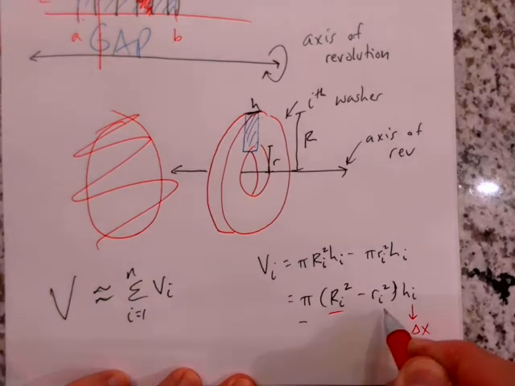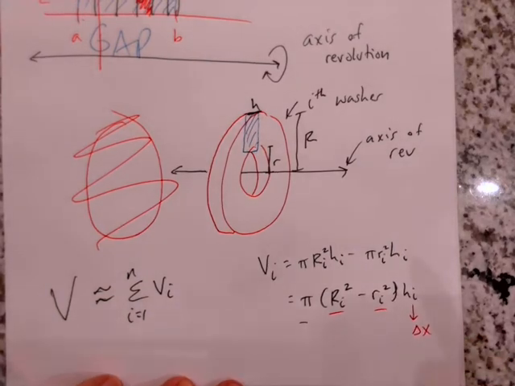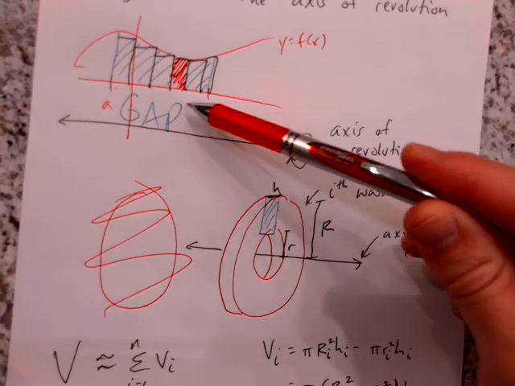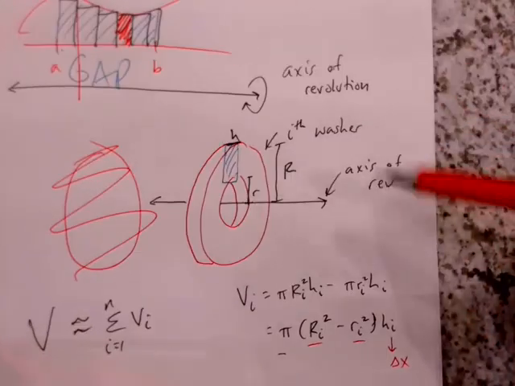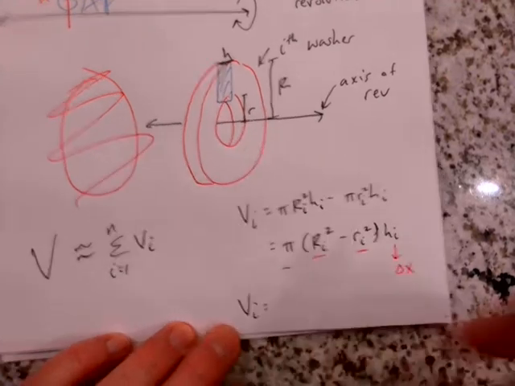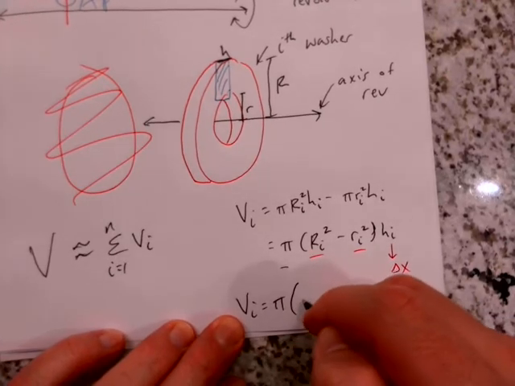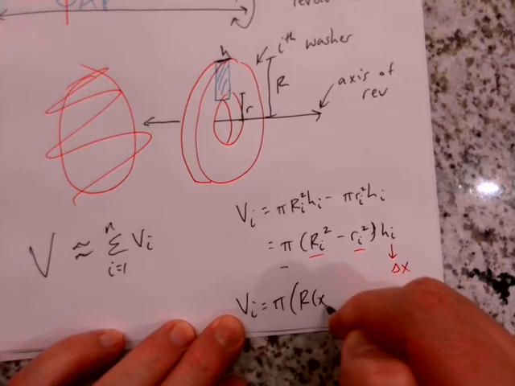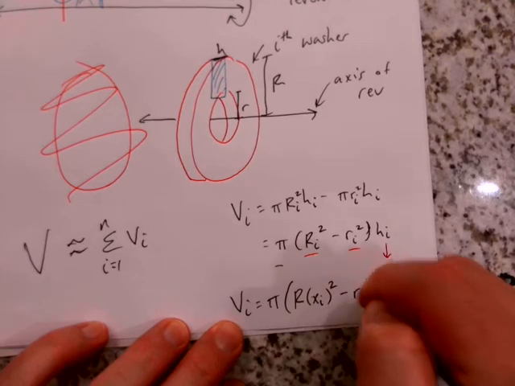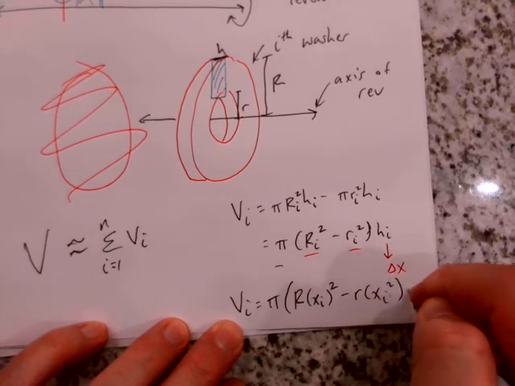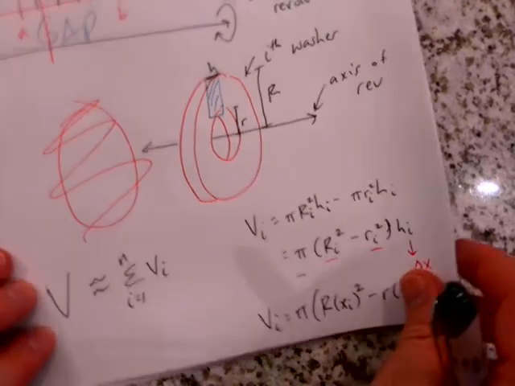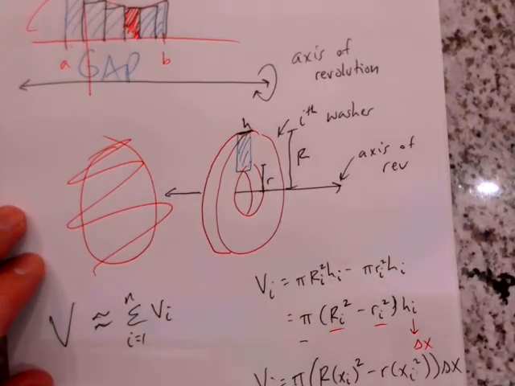Big R sub i and small r sub i are both functions of x, because as you move along your axis, those two distances will change. And so I could express the volume of the ith washer as pi times big R of x sub i squared minus small r of x sub i squared times delta x.